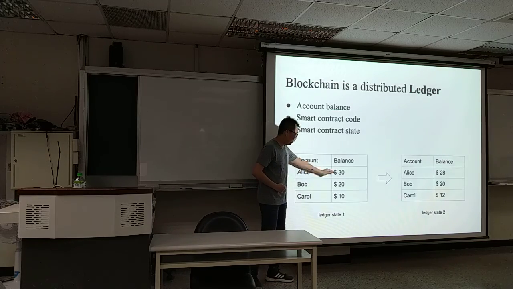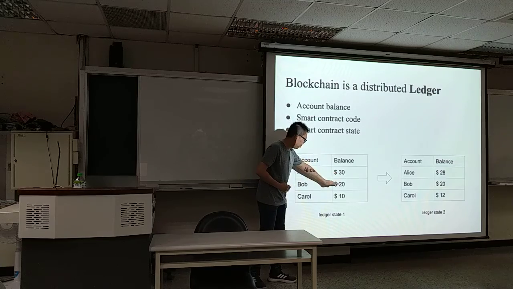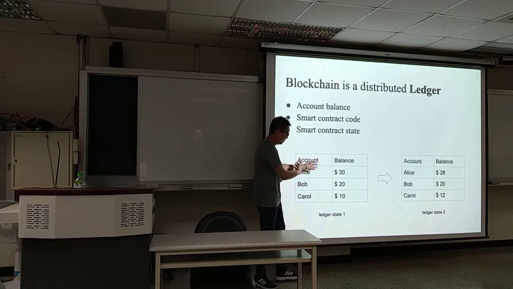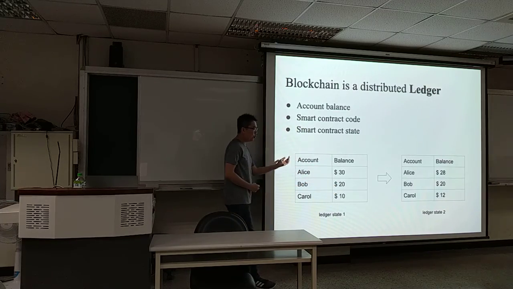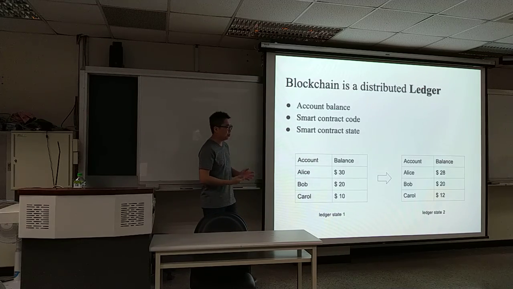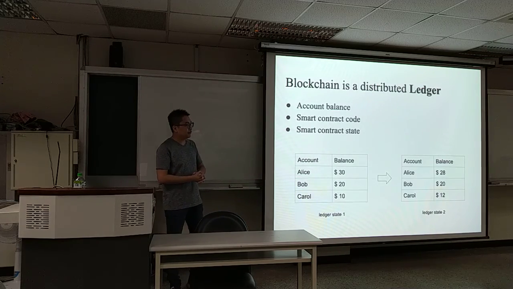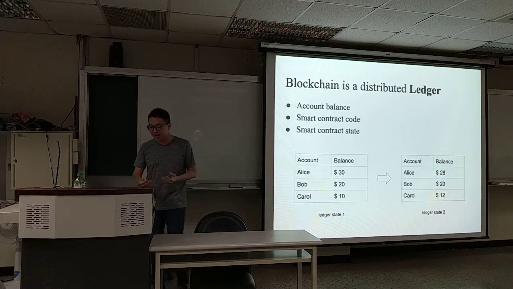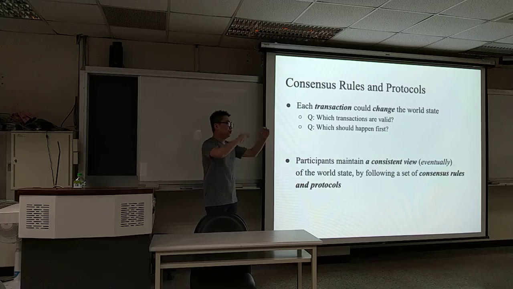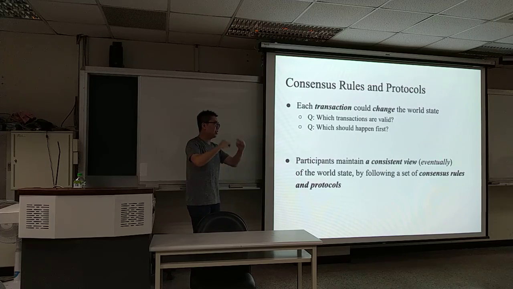Maybe Alice wants to transfer some funds to Bob, and after that, Bob can transfer more funds to Carol. So transaction 1 must happen before transaction 2. Otherwise, transaction 2 is considered invalid. The world state will change if we execute transactions in a different order.